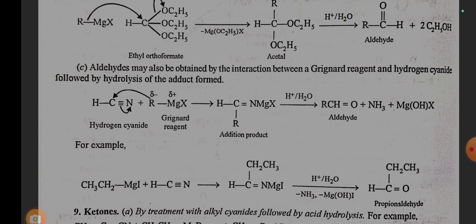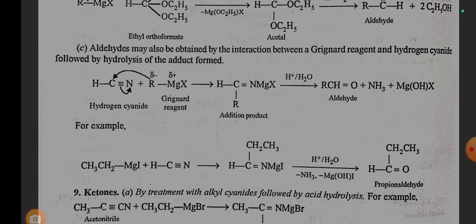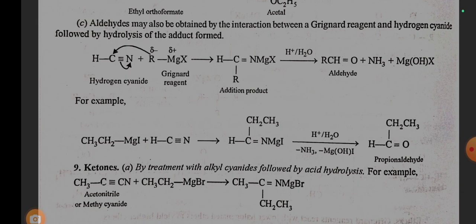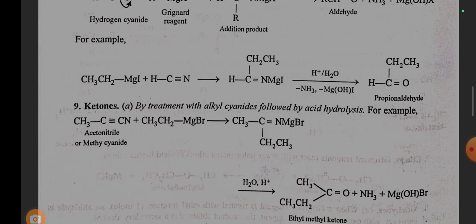Acetal on hydrolysis gives aldehyde plus 2C2H5OH. C. Aldehydes may also be obtained by the interaction between a Grignard reagent and hydrogen cyanide followed by hydrolysis of the adduct formed. Hydrogen cyanide plus Grignard reagent gives addition products which on hydrolysis give aldehyde plus NH3 plus Mg(OH)X.